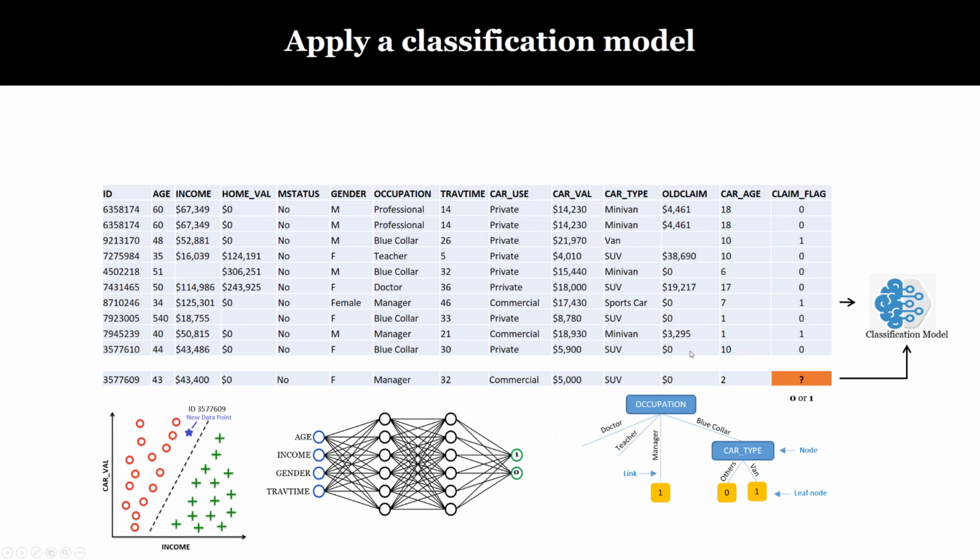So if you look at our data here, whenever the occupation is manager, the class is always 1. And this is a kind of pattern which is very important for us to make decisions.